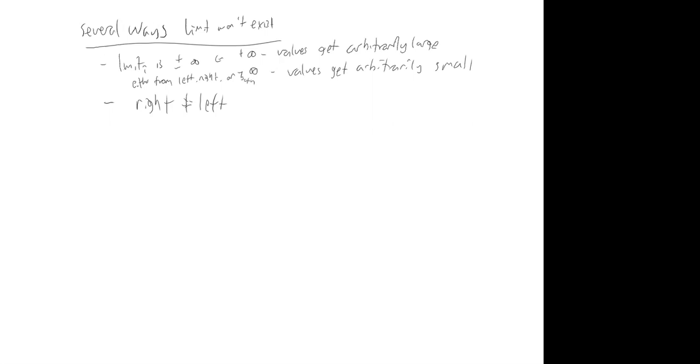The second case is it might not be plus or minus infinity. It could be a finite number, but the two finite numbers are not equal, kind of like the example we saw before. And then another way is that the function does not approach any specific number.